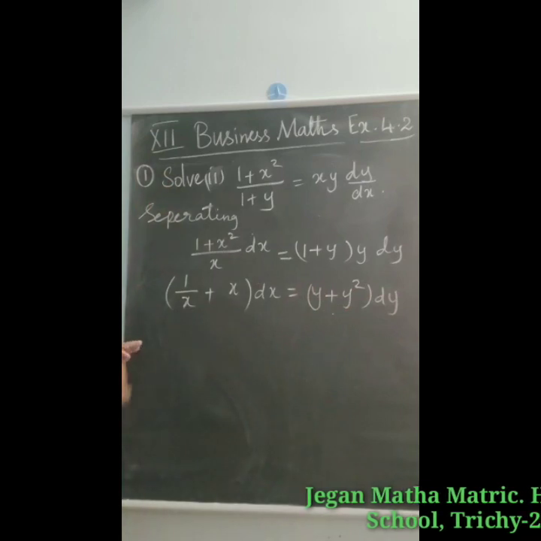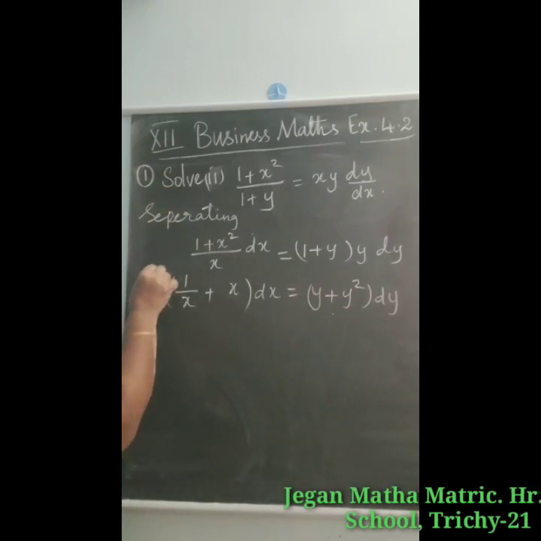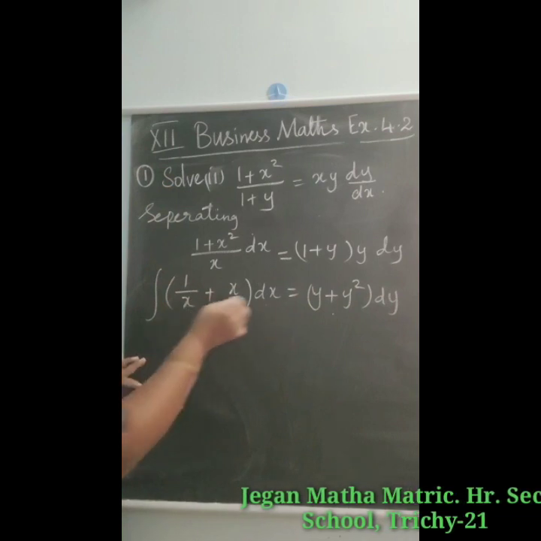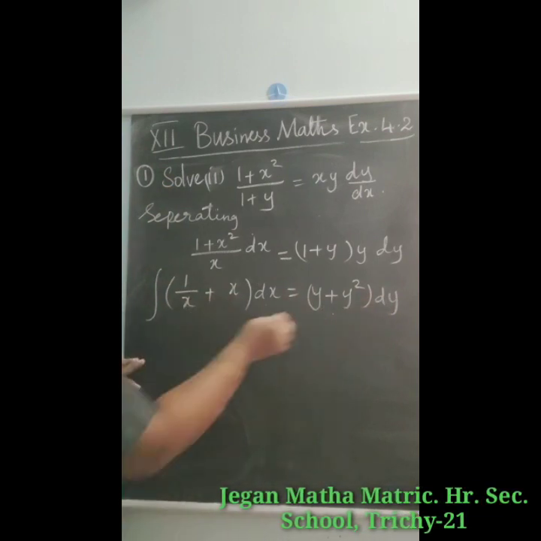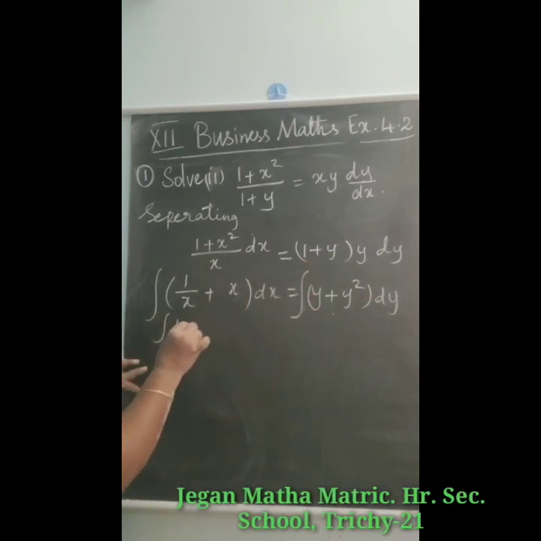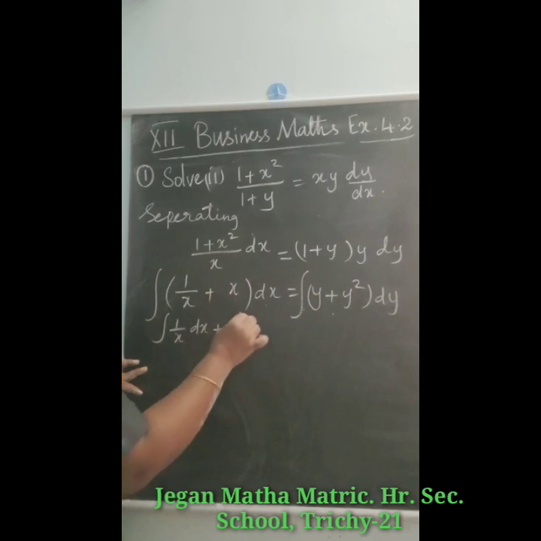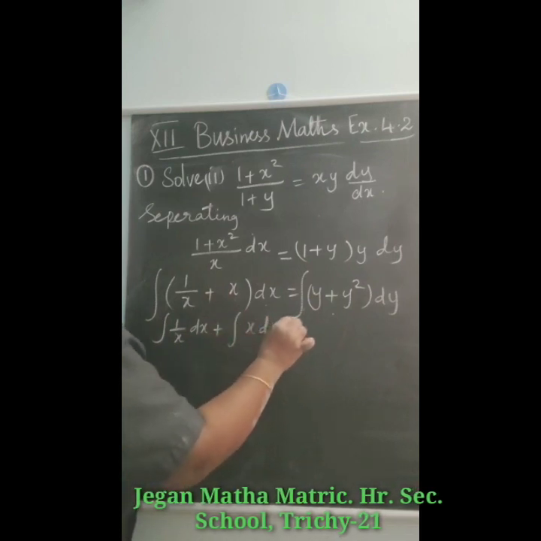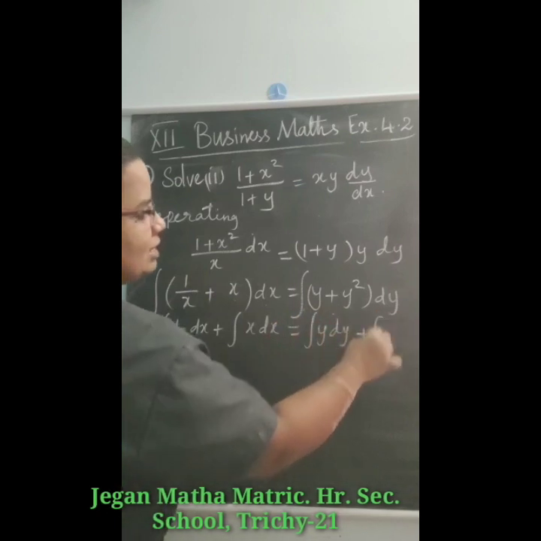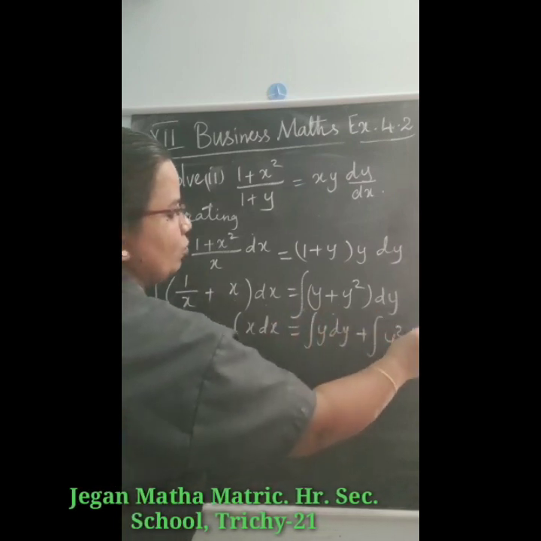Now we have to integrate this. Integral of 1 by x and x into dx, and separately you have to integrate. So we will get integral of 1 by x into dx plus integral of x into dx is equal to integral of y into dy plus integral of y squared into dy.